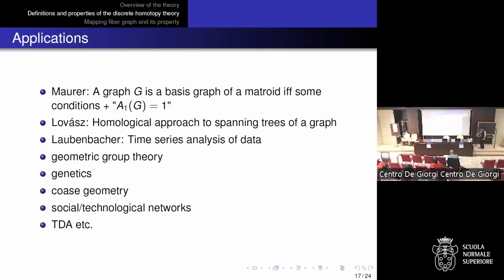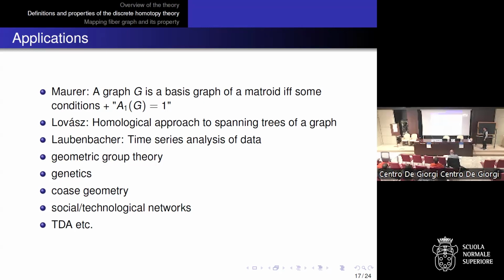And it has some applications. For example, there is a statement saying that a graph G is the basis graph of a matroid if it satisfies some conditions, and the last condition can be translated to the A1 group.